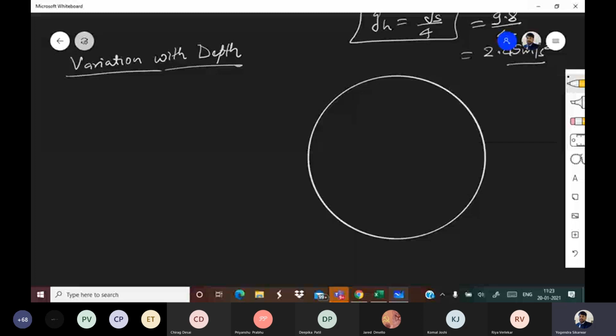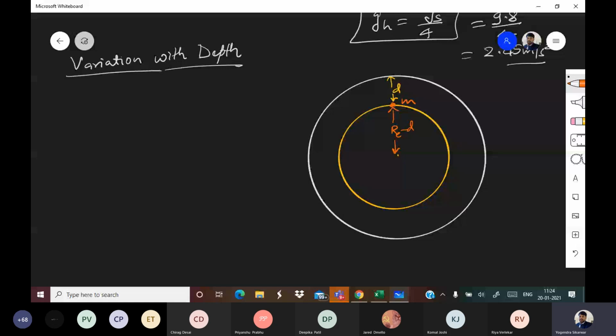So what we have done? We have gone below the Earth. This is depth d, and you have kept a mass m here, and this distance will be R_E minus d.